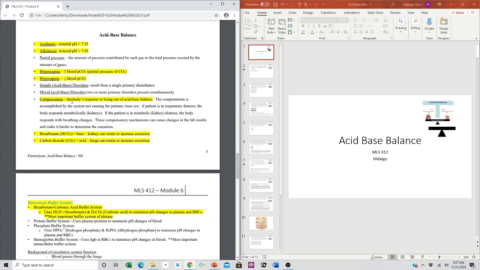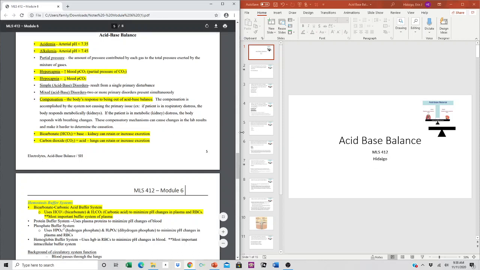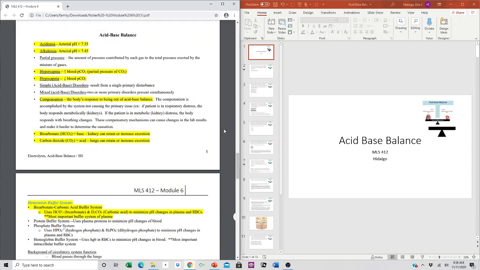Okay, compensation, the body's response to being out of balance. If the body did not compensate, then our question and answer things on these kind of would be much easier. But that's just not what happens. What I mean by that is if the kidneys are failing, if the body did not compensate for that, then we would have very clear-cut lab results, and we'd be able to tell, oh, look, the kidneys are failing.